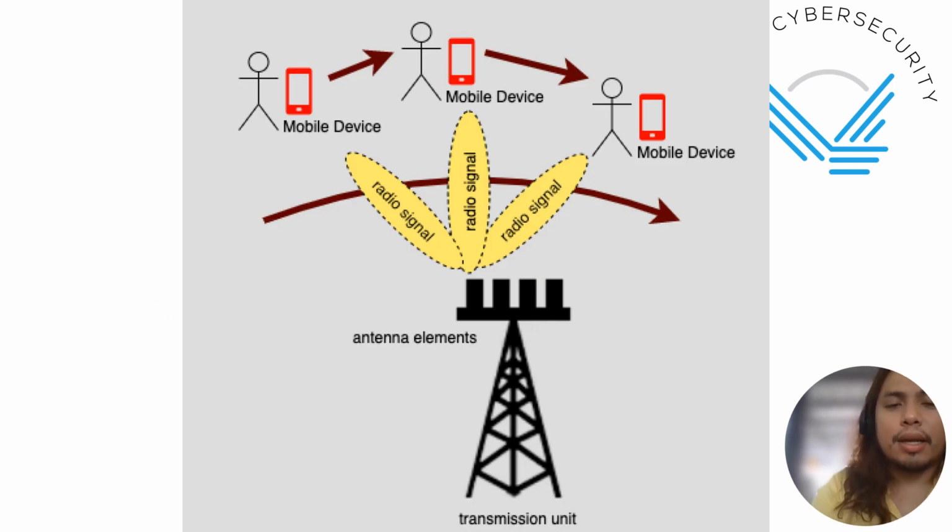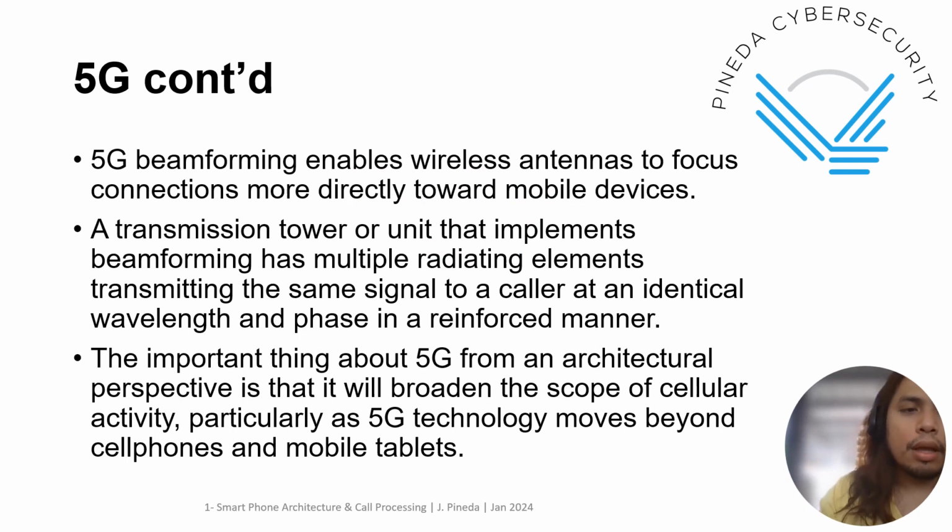So here is the example. You have different people using 5G, with their radio signals, okay, all communicating to the transmission unit. 5G beamforming enables wireless antennas to focus connections more directly towards the mobile devices.